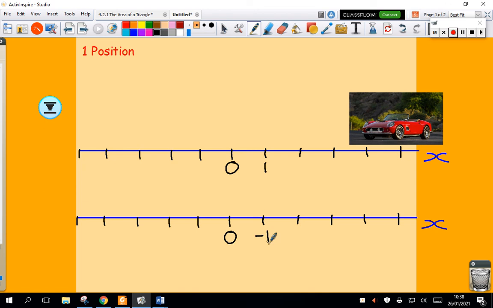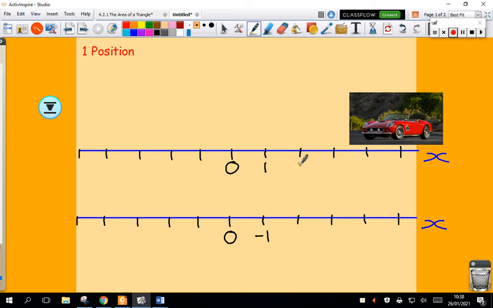Either way, once we've chosen our 0 and one other point, nothing else is a choice after this. So my coordinate system is a choice. I decide where my 0 position is, and then I decide where position 1 is. And that forces everything else.